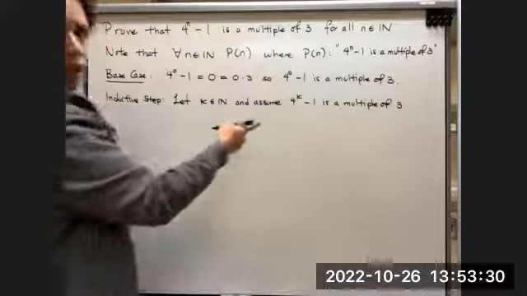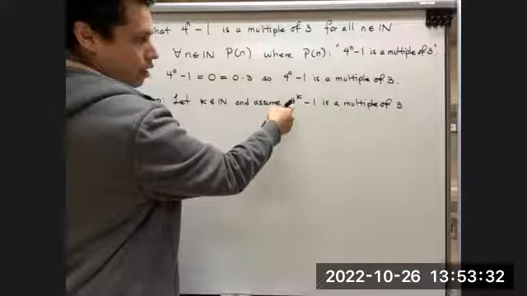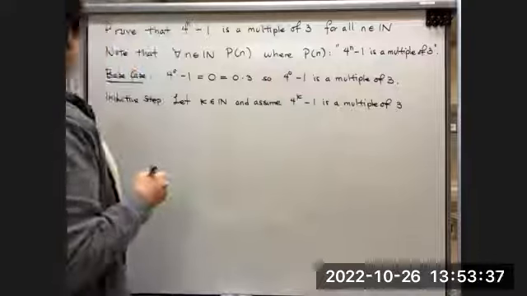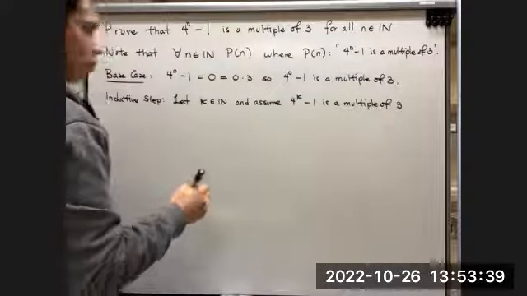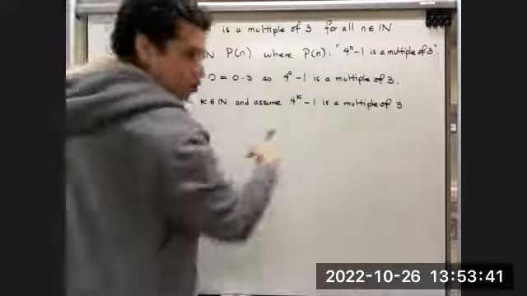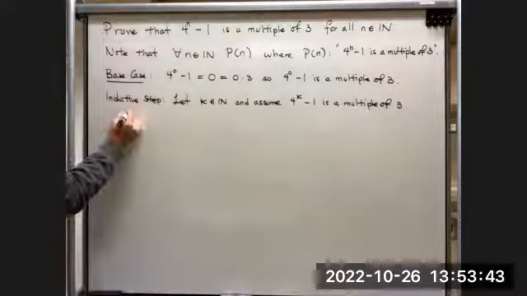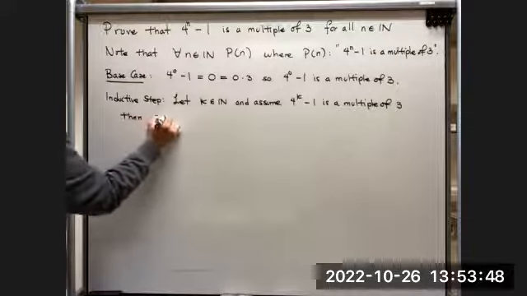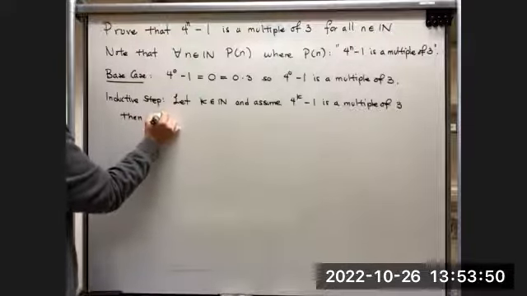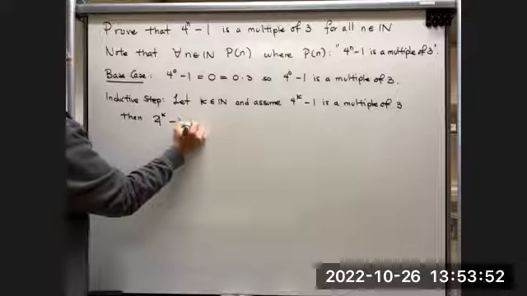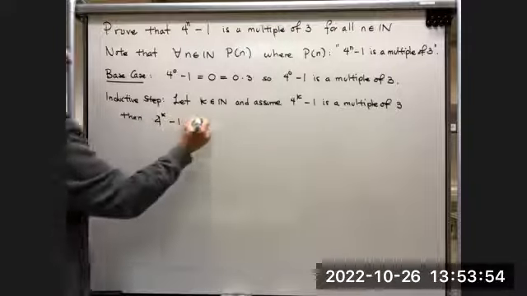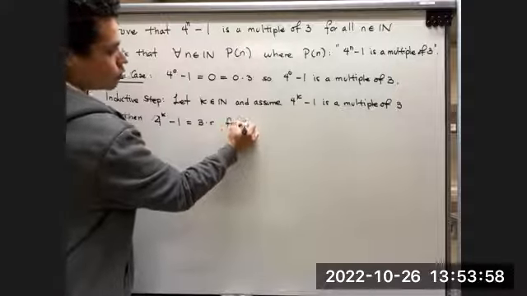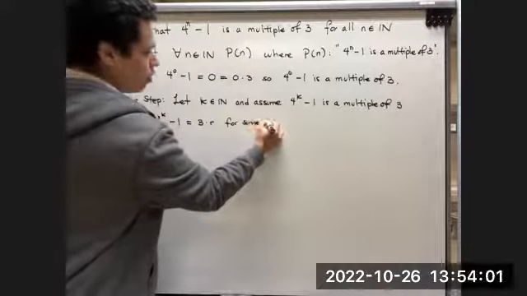Well, ultimately, we want to demonstrate that 4 to the power of K plus 1 minus 1 is a multiple of 3. Well, but in order to get to that point, we have to reinterpret this. So then 4 to the power of K minus 1 might be written as the following: 3 times R for some integer R.